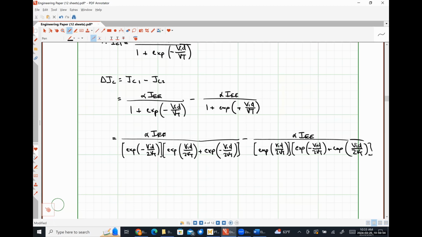Close that off. And now I can see that effectively alpha IEE over exp VID over 2VT plus exp of negative VID over 2VT is a common term on both sides.